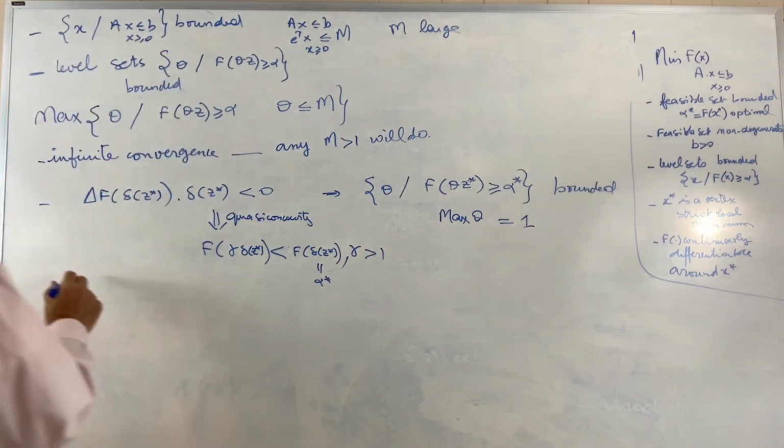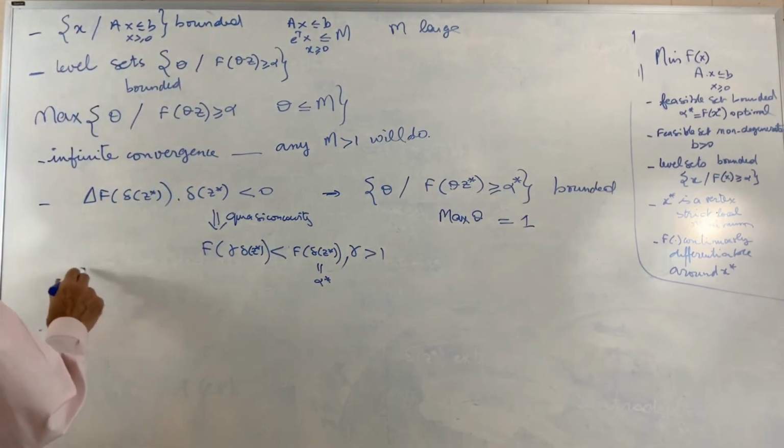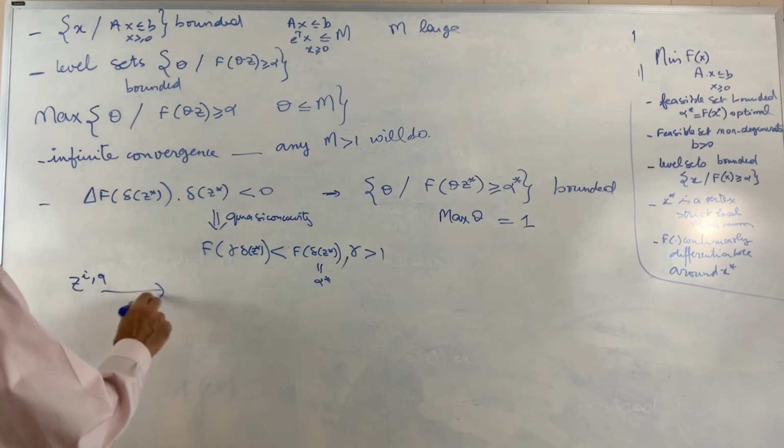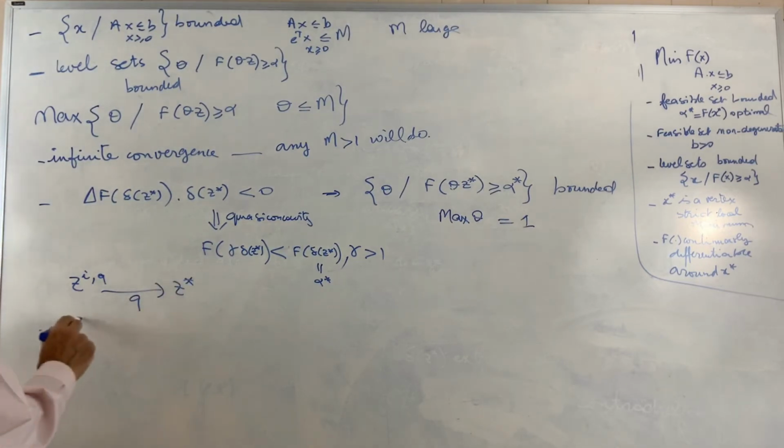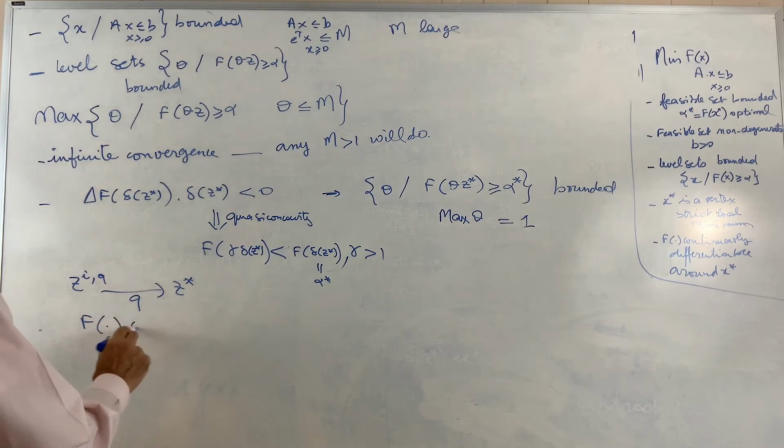But remember, Z i q converges to Z star over q, and F is continuous.